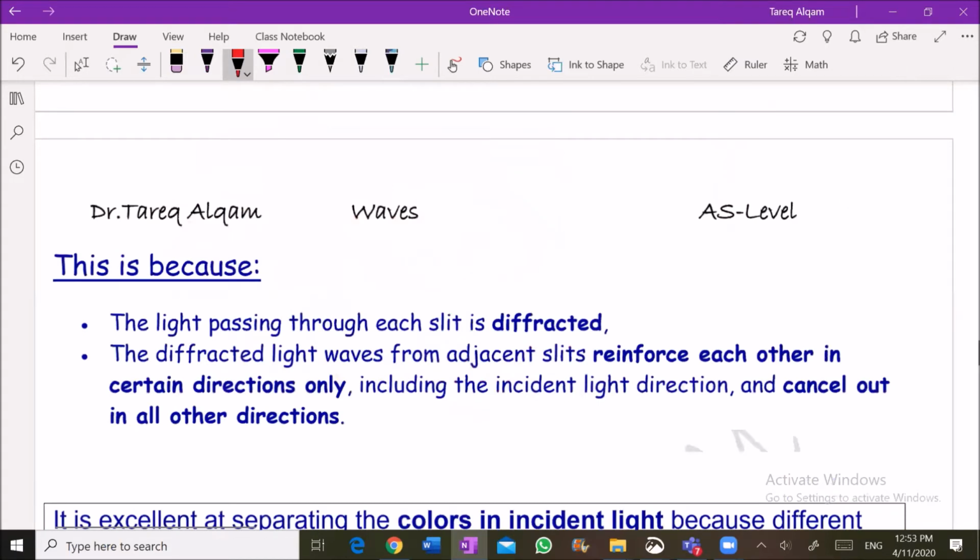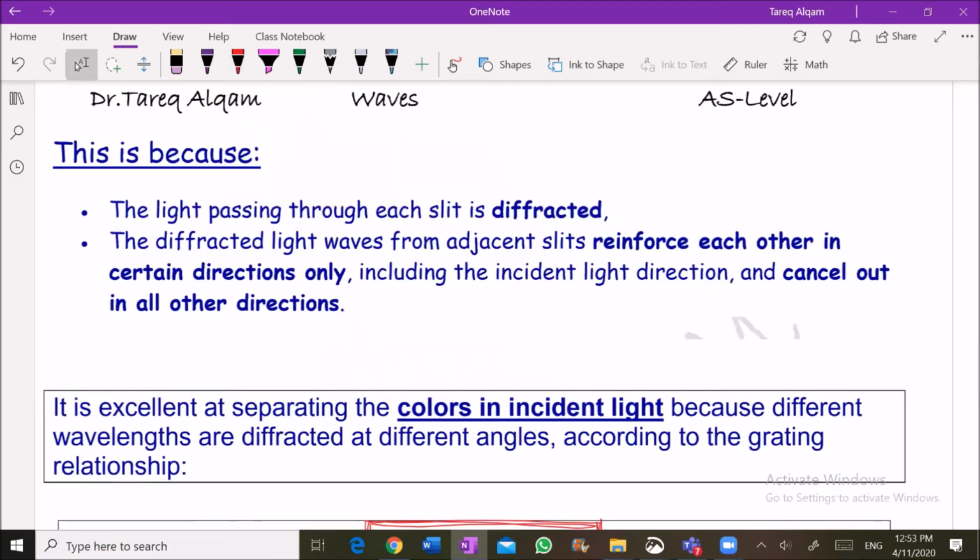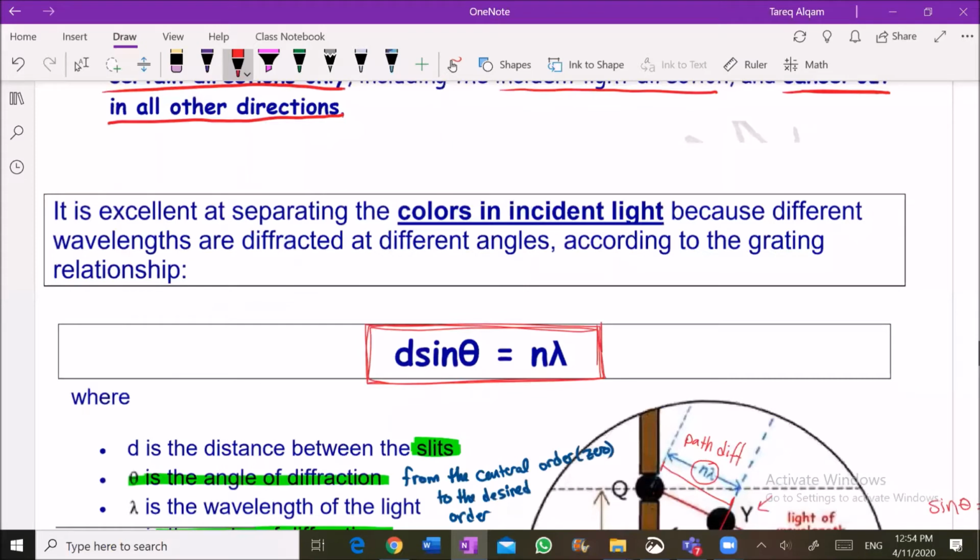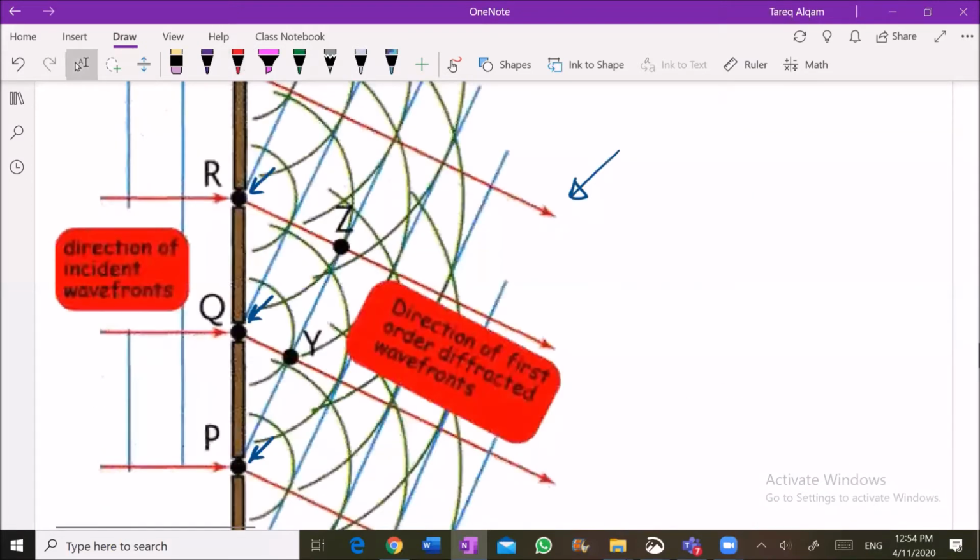The explanation: the light that passes through each slit is diffracted. The diffracted light waves from adjacent slits reinforce each other in certain directions only, which are the bright lines that we observe, including the incident light direction, and cancel out in all other directions. I can show you this. Here is the diffraction grating.